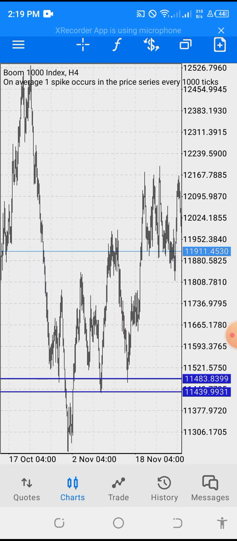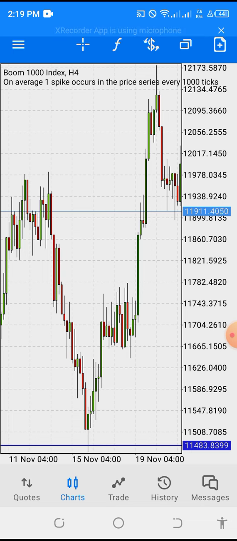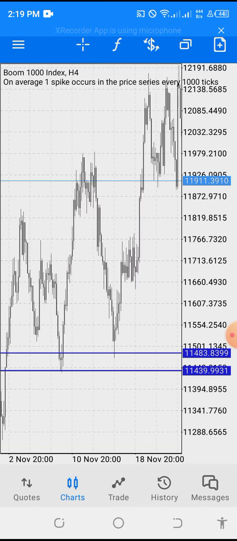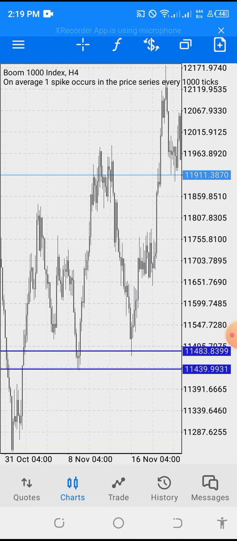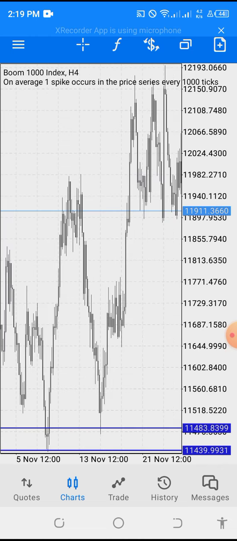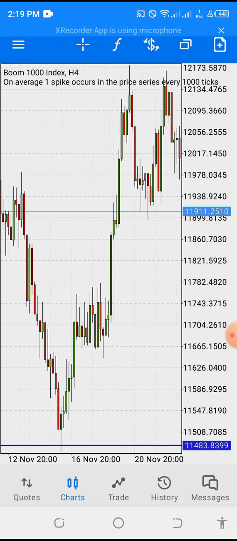That means this demand zone is very valid and you should place a buy. So when you got this long wick candle, the second candle was a doji.